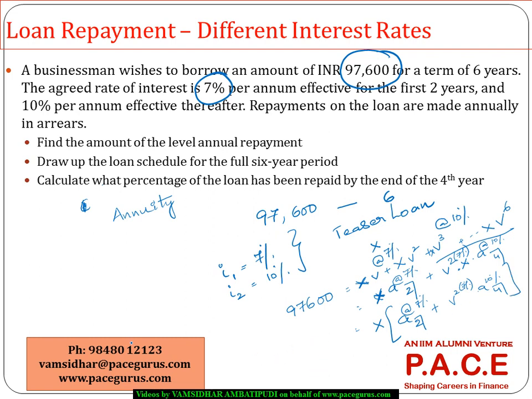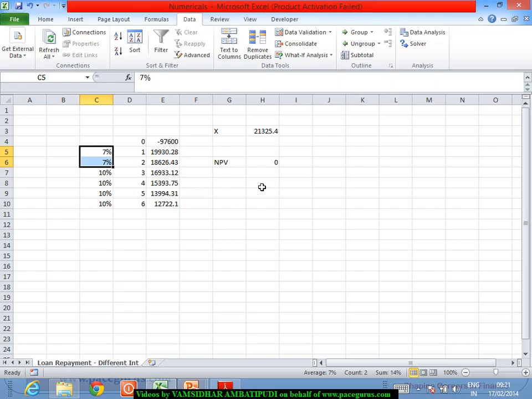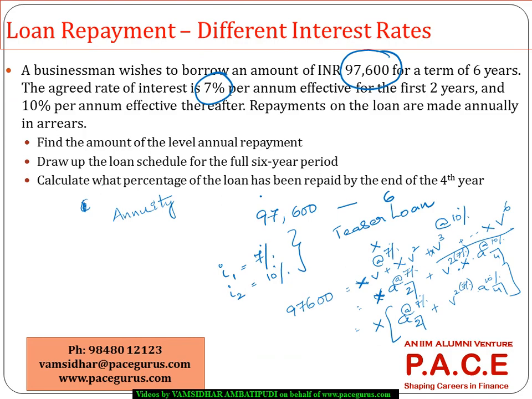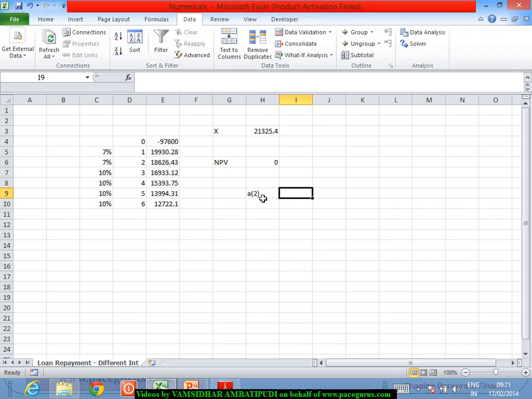Let's try out the calculation to see whether we have taken the numbers correctly or not. A2 at the rate of 7%, if I have to find out A2 from my compound interest tables, for me A2 is 1.8080, right?